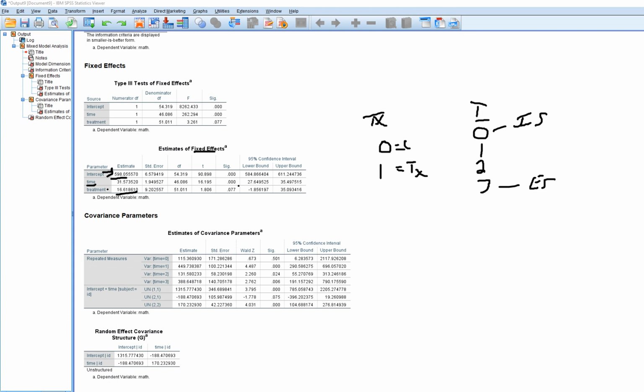With respect to the time predictor, this is the slope coefficient, which reflects the predicted amount of change on math scores for every 1 unit increase in time. For every 1 unit increase in time, there's a predicted increase on math scores of 31.57 units, and time was a statistically significant predictor in the model.